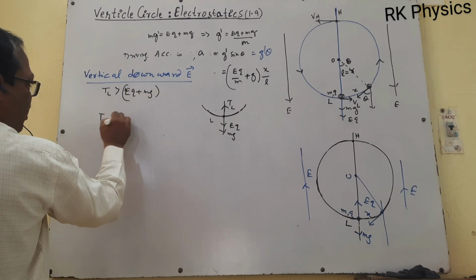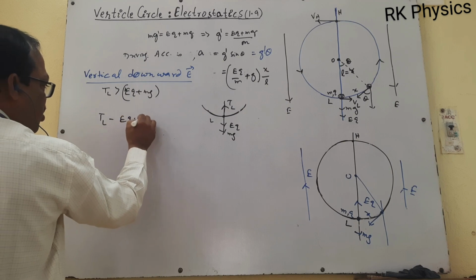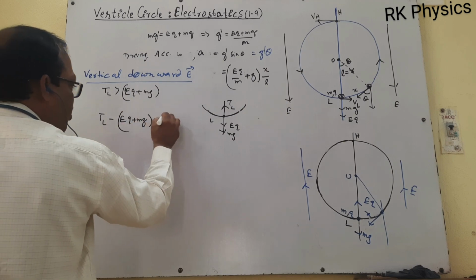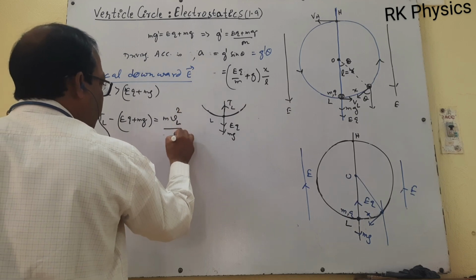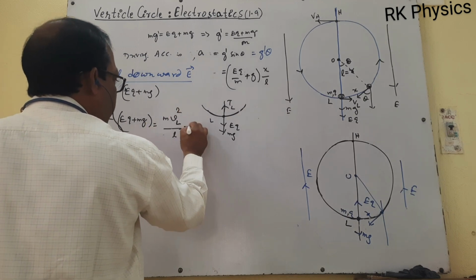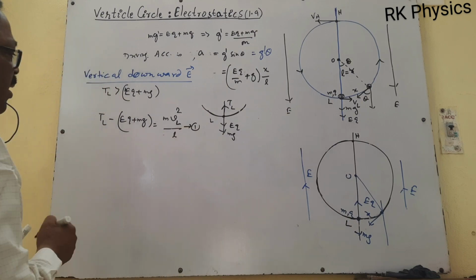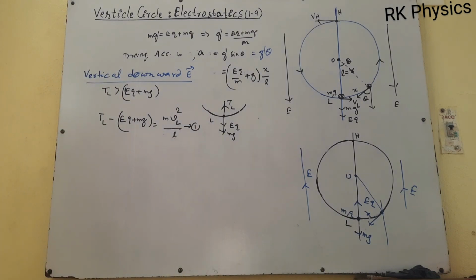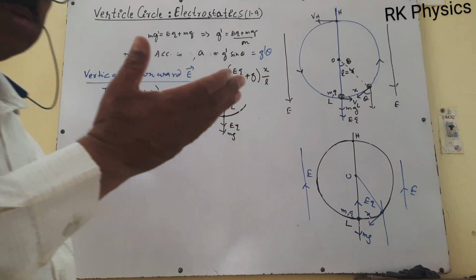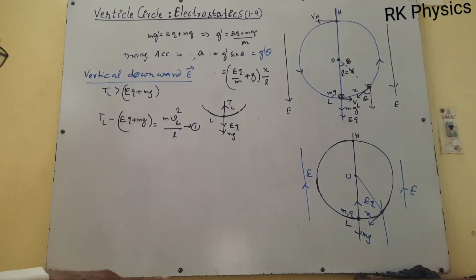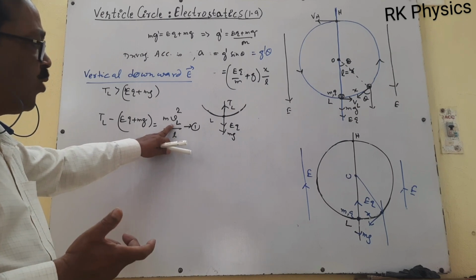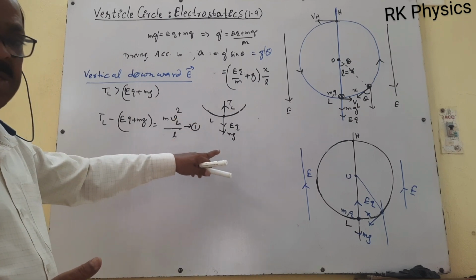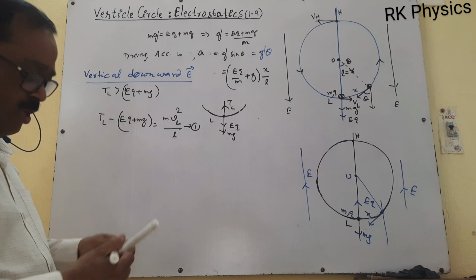That means TL minus (EQ plus mg) is equal to your centripetal force mVL square divided by L. This is equation 1. Upward force minus downward net force is equal to resultant force. VL is the speed of the particle at the lowest point.